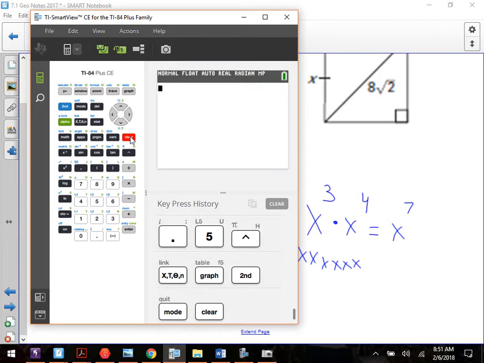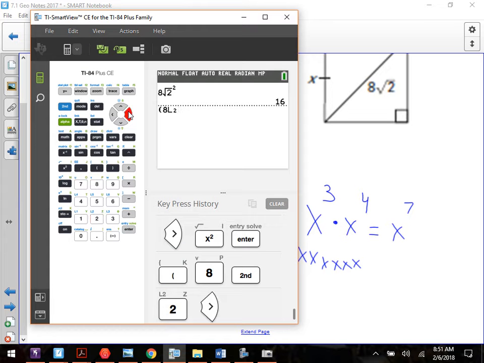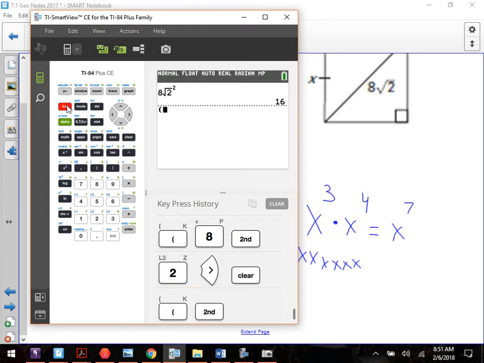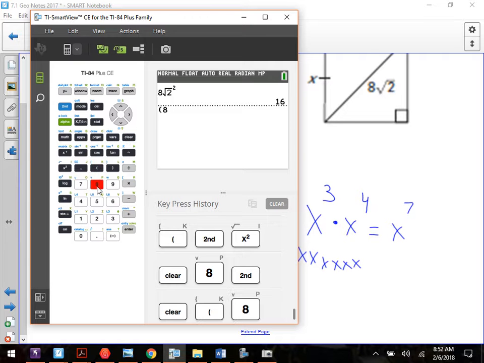Now, in your calculator, you have to be careful if you don't type it correctly. If you type it in as 8 root 2 squared, it's going to just square root 2, and you're going to get 16. Whereas if you put parentheses around it, and this is a huge common problem, guys, you've got to remember.